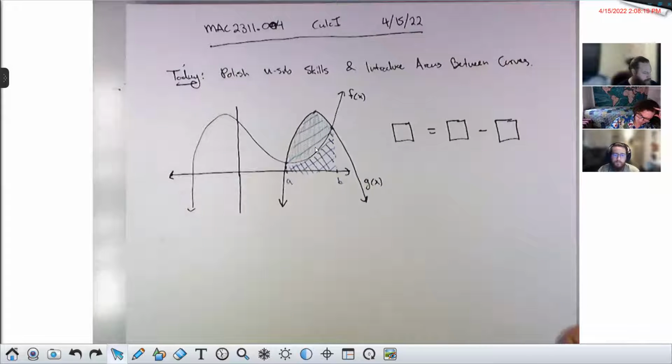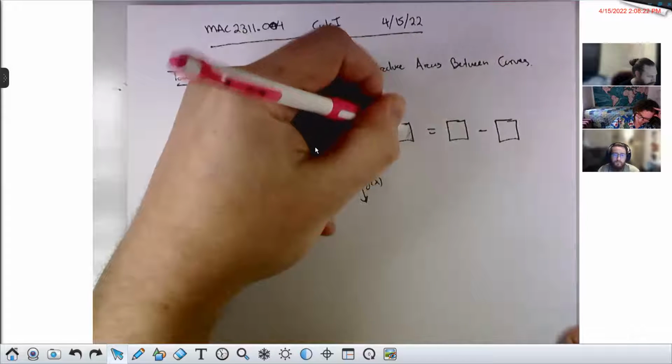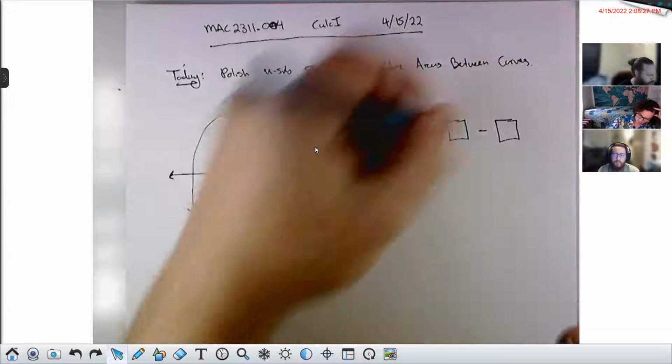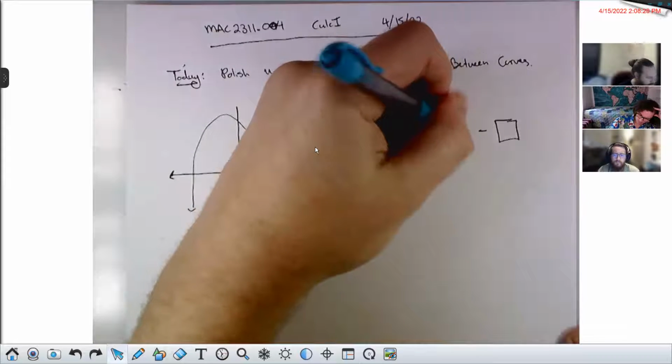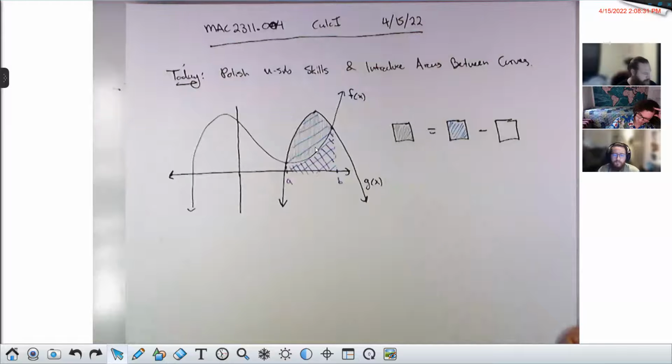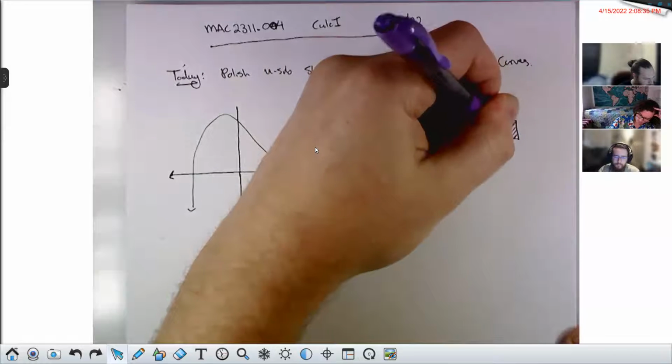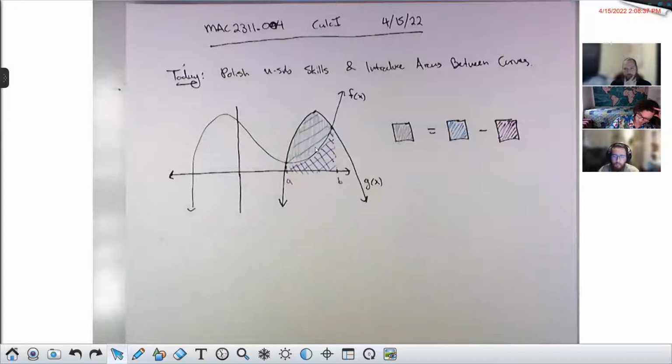So the area I want is equal to the larger area, the blue area, minus the purple area. This works great. Well, so this is the thing I'm after, right? These two things I know how to calculate, and conveniently we can put them into a single integral.